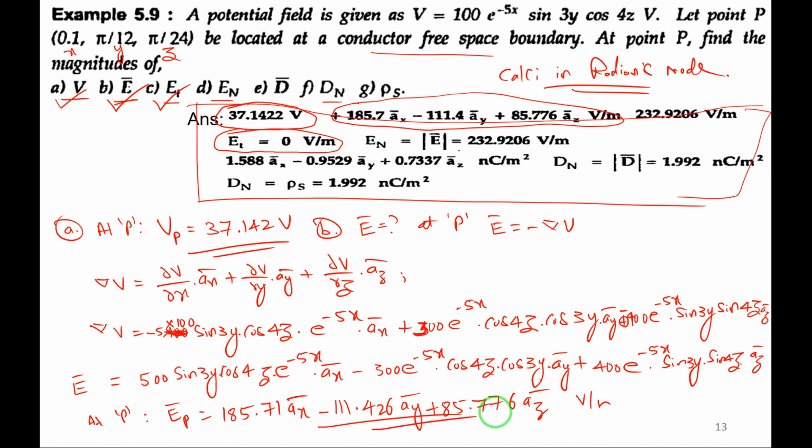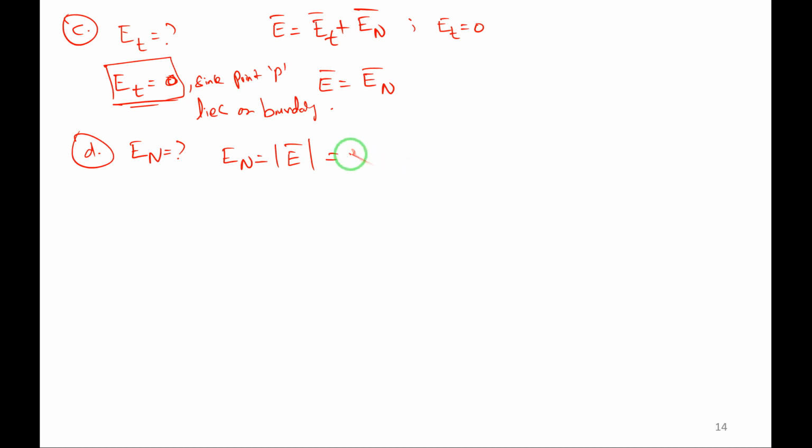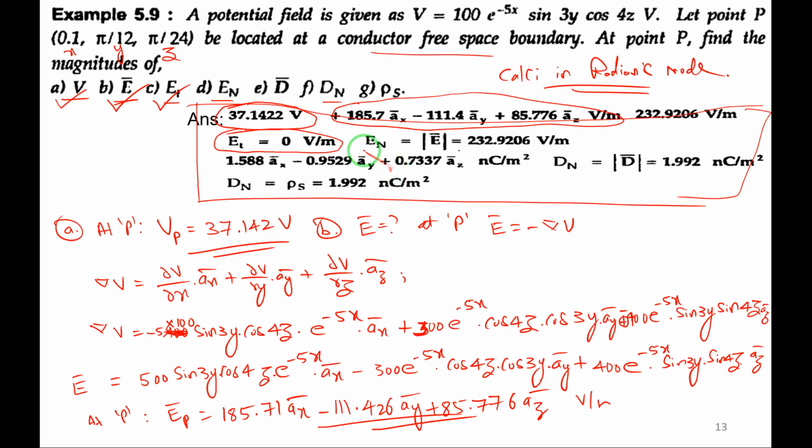So close bracket. So I'm getting it as 232.94 volt per meter. So this is the normal component, right? Let me verify, right? 232.92. Yes. So this is over.